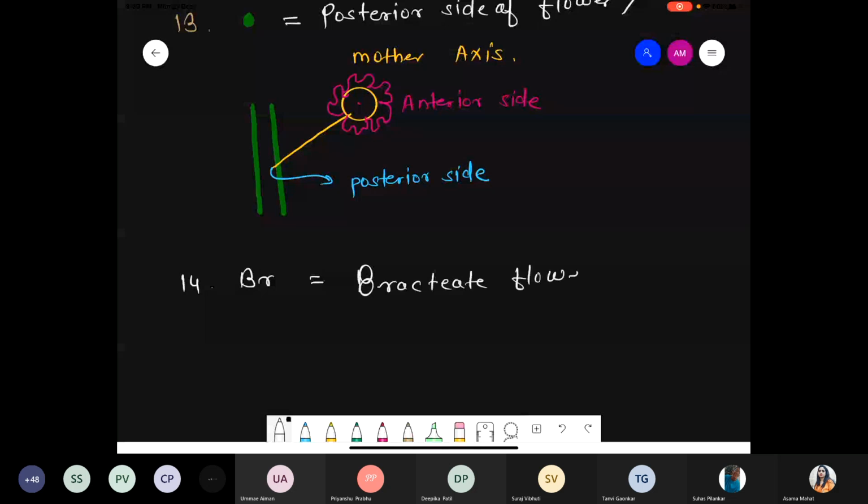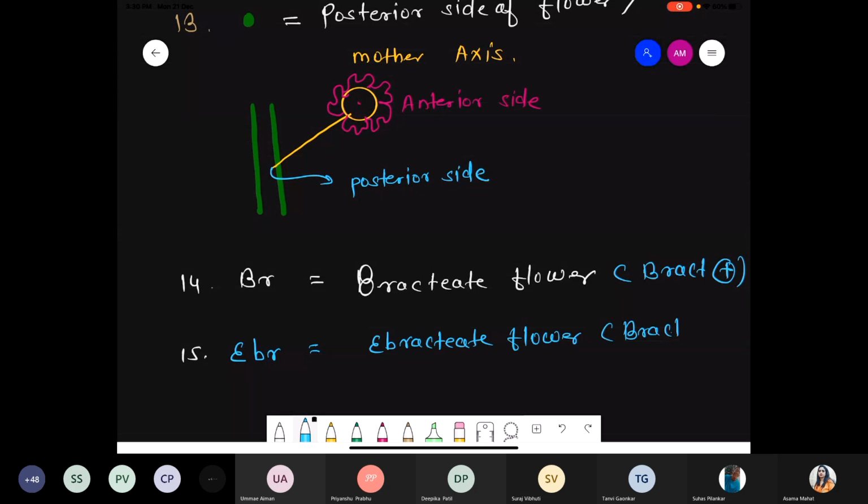If a bract is present, that time it is called a bracteate flower. And if it is like capital E BR, it means that the bract is absent. That is an ebracteate flower. So in this condition the bract is present, and here we are talking about the bract being absent. That's it.